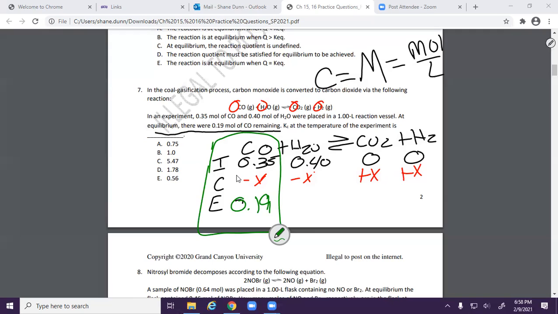It's going to be the difference between 0.35 and 0.19. 0.16? You were correct, it is 0.16. Okay, so now we know that X is equal to 0.16. So I'm going to erase my X values and just plug those numbers in.